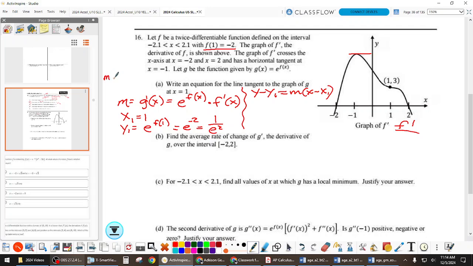So slope at x equals 1, we get e to the f of 1, so 1 over e squared, there we go. And then f prime of 1 is 3, like Aiden said. So I'll just stick a 3 right there. Everybody good with that? Okay. Anyway, with all that, we get y minus 1 over e squared equals 3 over e squared times x minus 1. So kind of an ugly equation, but it's okay.